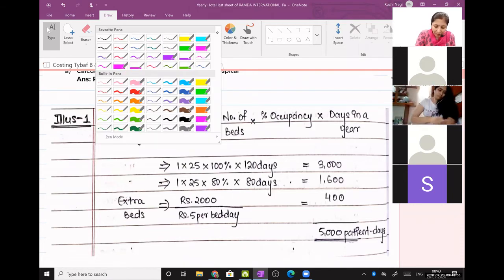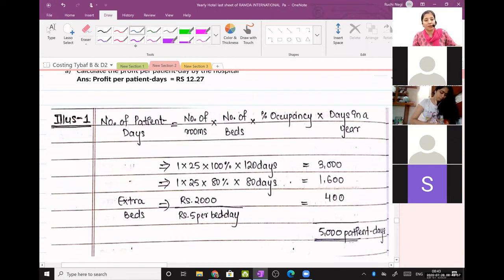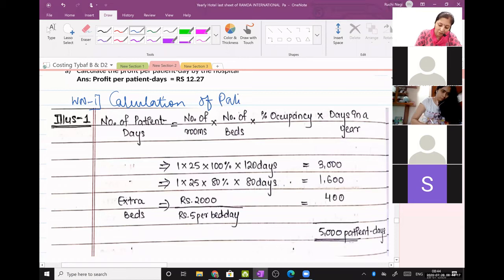See, you can relate the formula. We have been doing this from transport, since hotel, and now hospital. Working note number one, calculation of patient days or bed days. Okay, students, it's one and the same.